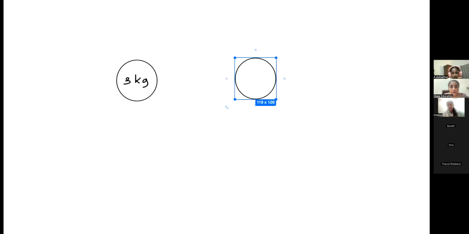Let's say there is a certain object of mass 3 kilograms thrown towards you. Then there's another object of mass 8 kilograms thrown towards you.